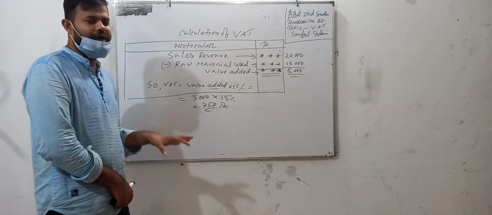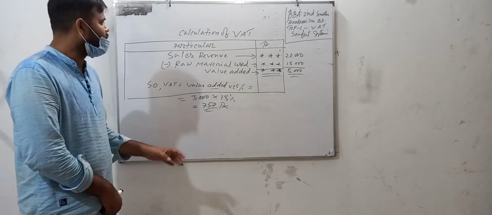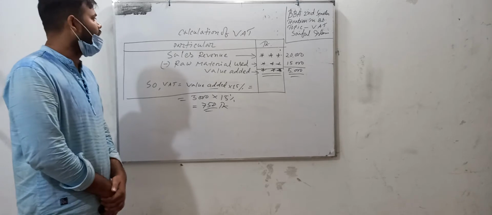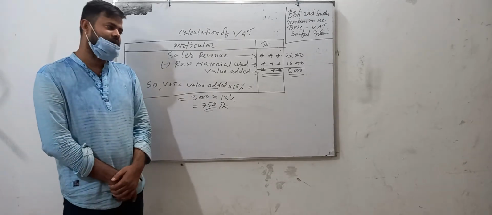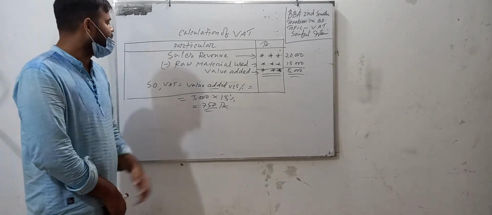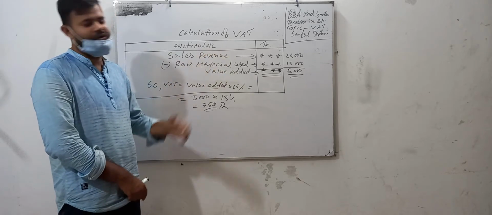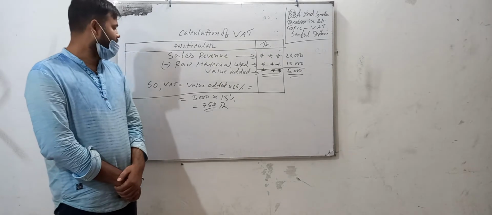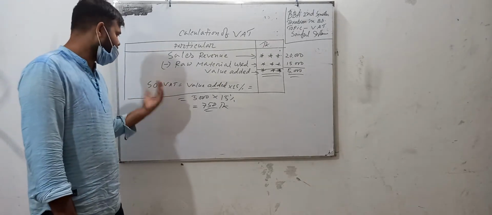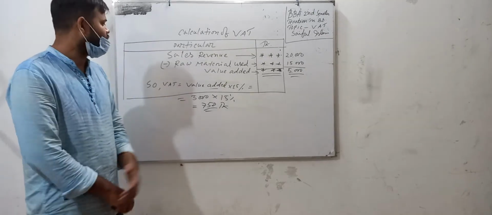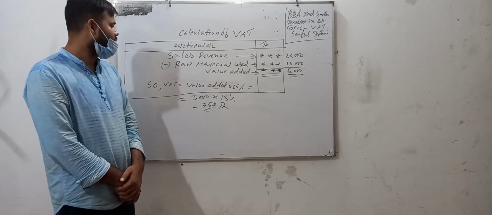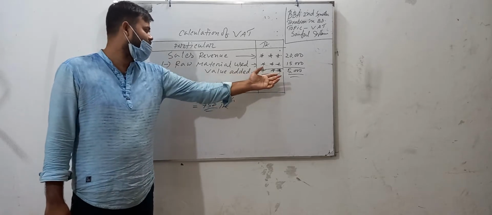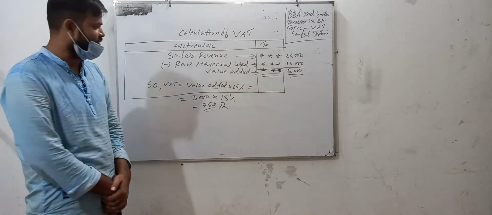In this way, we get sales or sales revenue. When we figure sales revenue, and sales revenue minus raw material used, then we get value added, and as the last step we calculate VAT: value added amount into 15%.